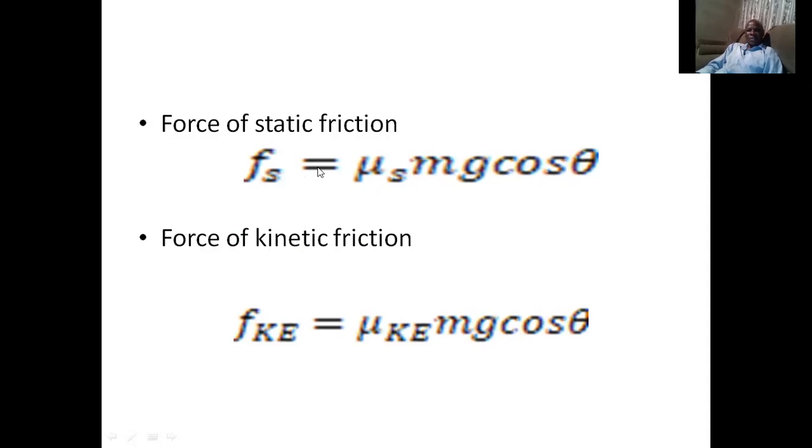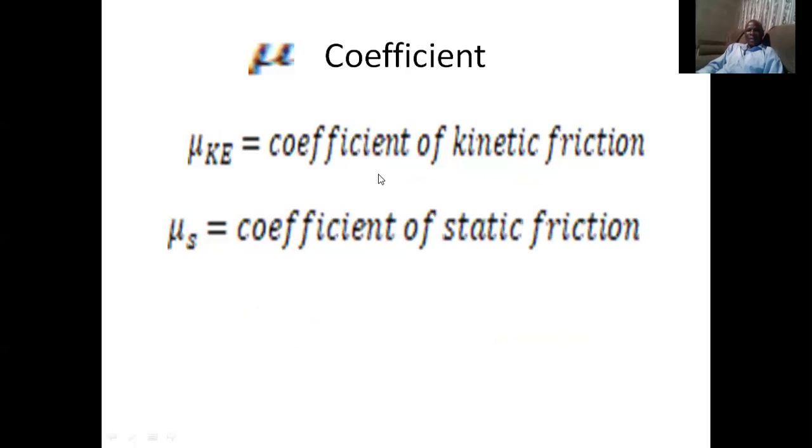That is for objects not in motion. For objects which are in motion, the force of kinetic friction will be equal to the coefficient of kinetic friction multiplied by mg cos theta. So the force of kinetic friction is only for objects in motion, and the force of static friction is only for objects which are static, not moving at all.